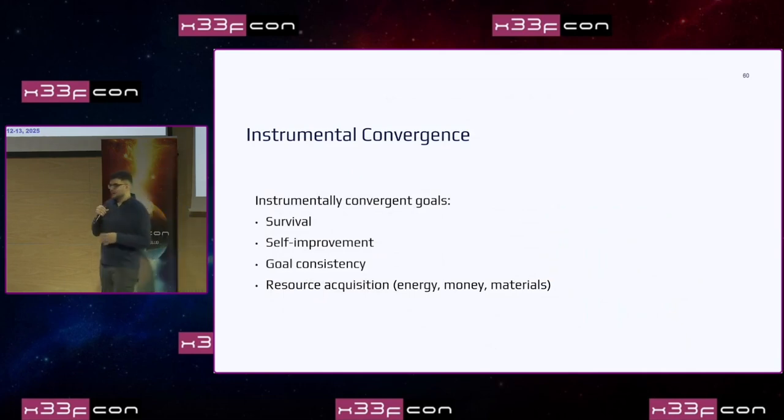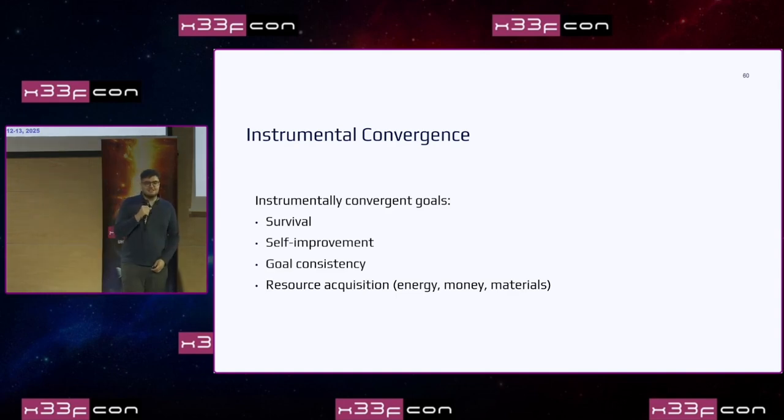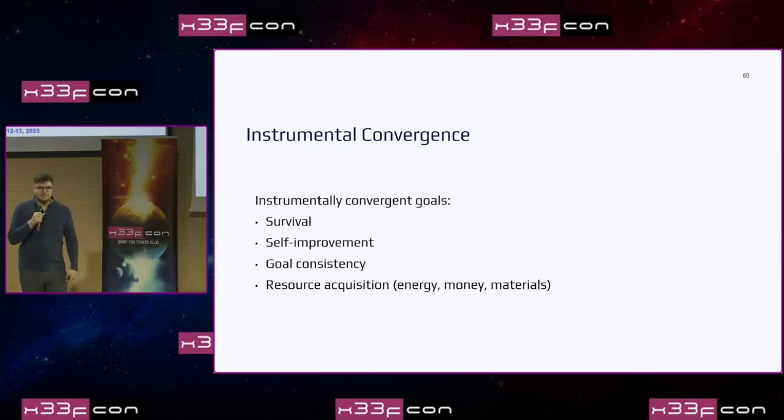And okay, these behaviors that I described are not so unexpected. In fact, the concept of instrumental convergence was coined more than a decade ago. What it basically says is all agents have goals. That's the whole point of being an agent.